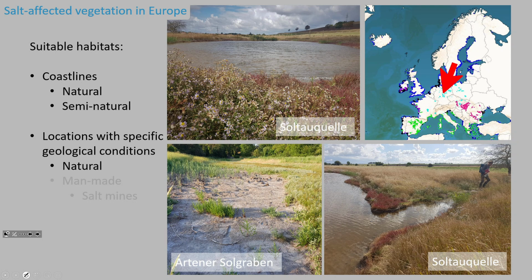And then there's another example I wanted to talk about. It's the Artenaer Solgraben. This has been a natural site. It is not anymore because now it's regulated by man. The village is actually just next to it, or a little town. I don't know how it's defined, but here are the first houses already.